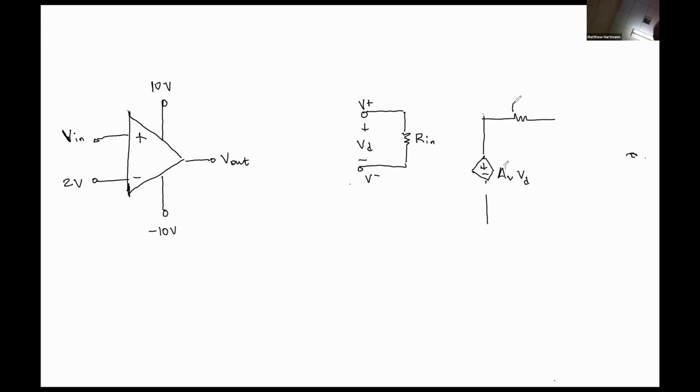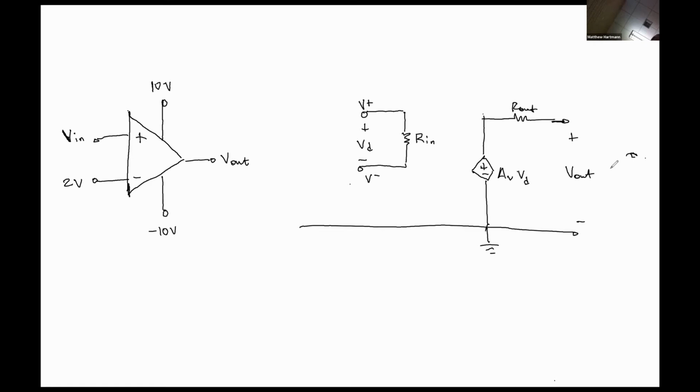Output resistance, and then this is our ground. Alrighty, so this is our practical op-amp model. Now we need to adapt our actual circuit to this.